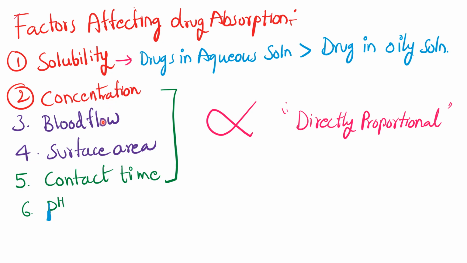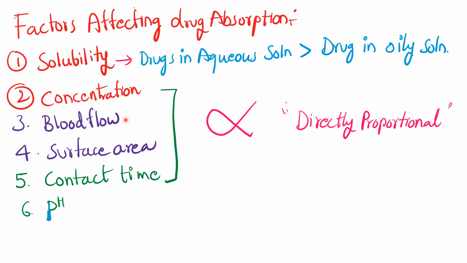Third one is blood flow. As we know, blood flow to the site of absorption can also influence drug absorption. For example, increased blood flow can result in a faster rate of absorption as the drug is delivered more quickly. In contrast, if you decrease the blood flow, there will be a slower rate of absorption and reduced bioavailability of the drug.